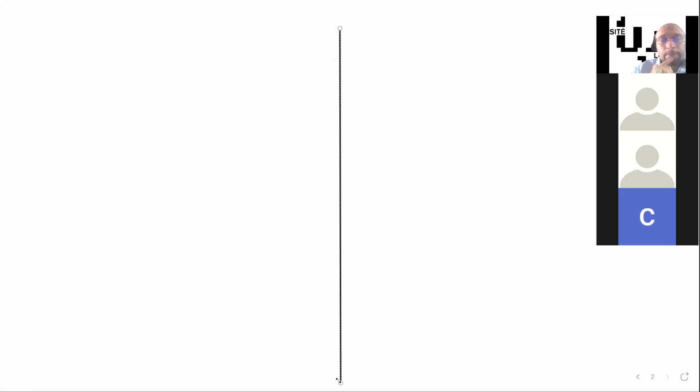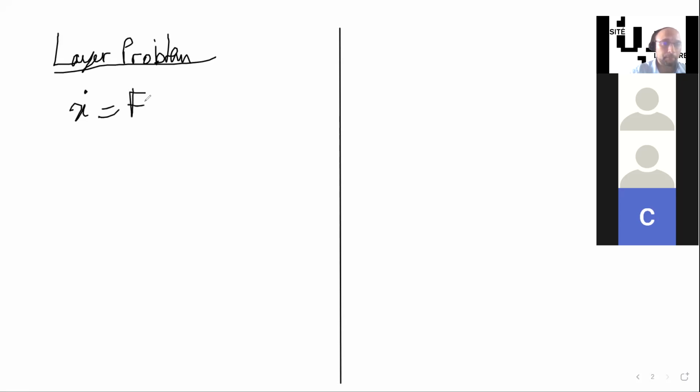So let's start with the layer problem. So the layer problem is, it's prime, right?